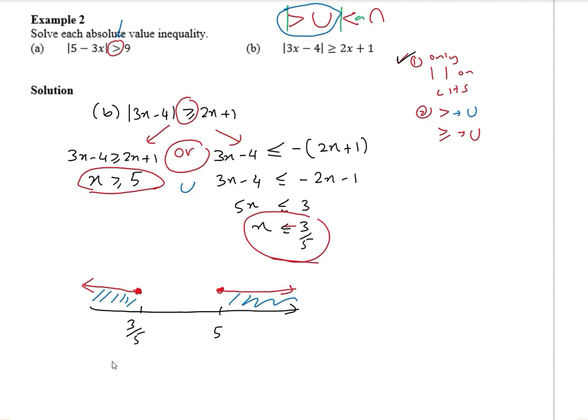Okay, so how to write your final answer is x goes to the left of 3 over 5, or in the middle, and x, there's an equal sign here, x greater than or equal to 5, and then write your curly brackets.